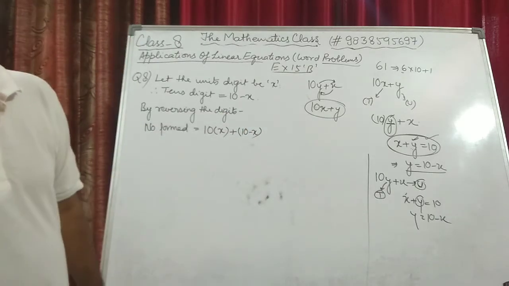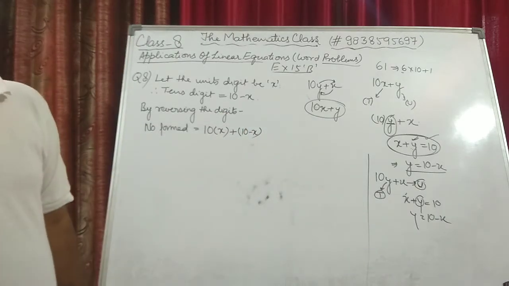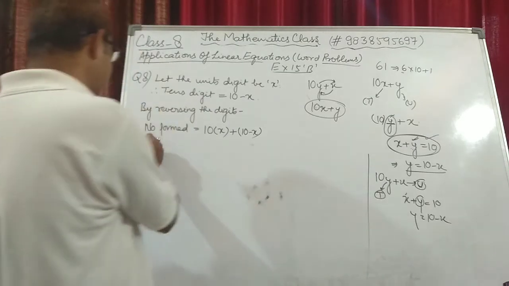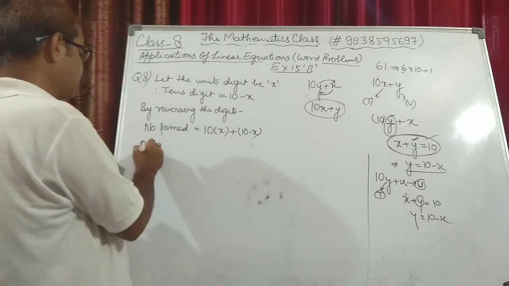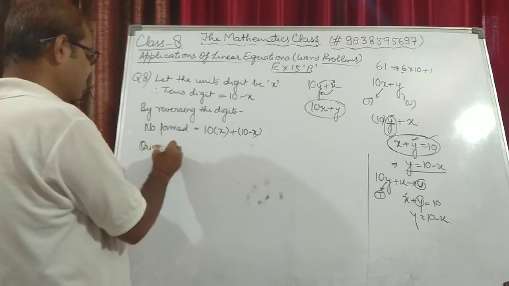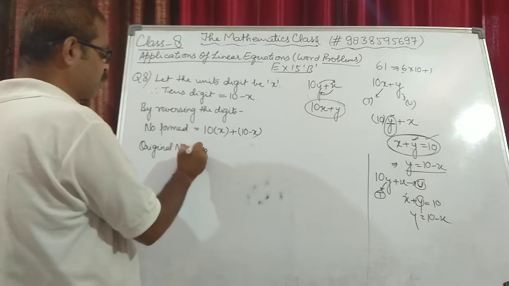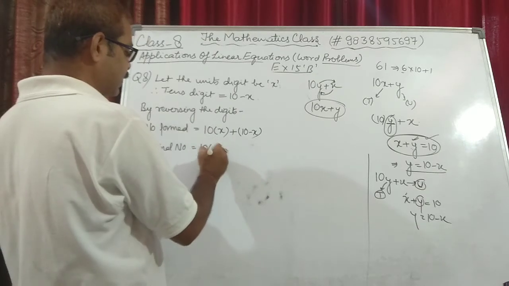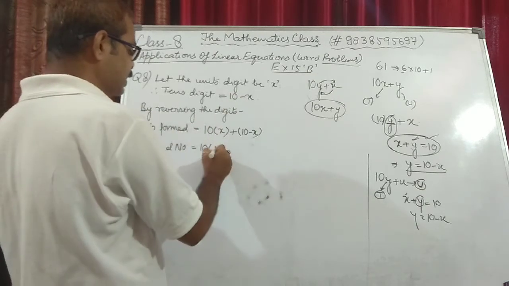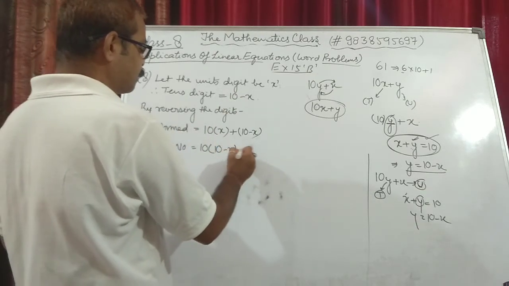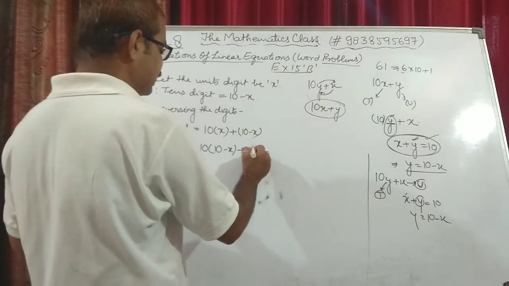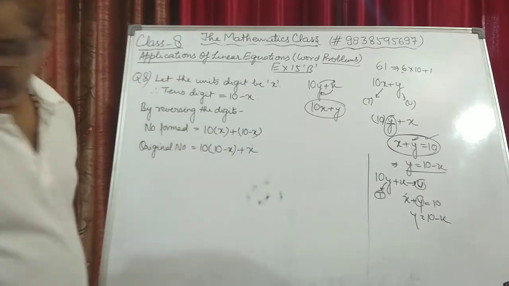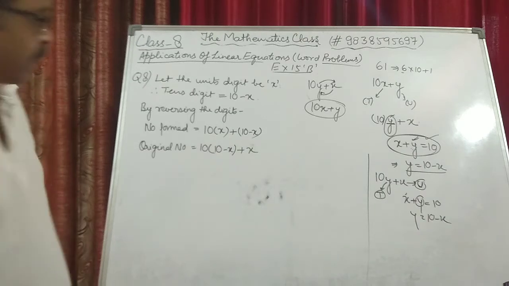They say that the number formed by reversing the digits is 18 less than the original number. So what was the original number? The original number was 10 times the tens digit, and the tens digit is 10 minus x, plus the units digit x. Now they say the new number formed is 18 less than the original number.